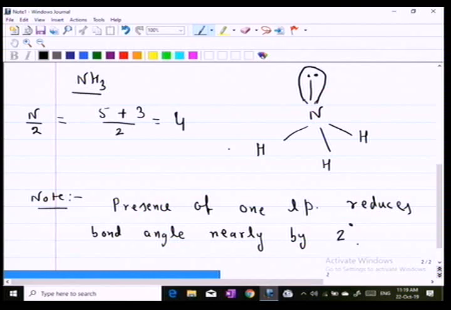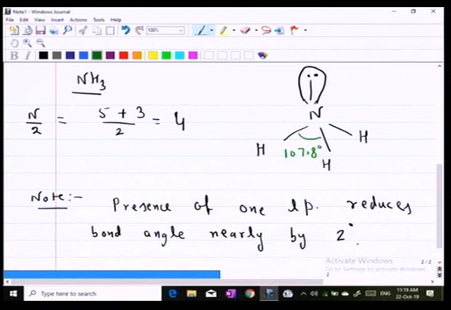Bond angle is reduced, not increased. 107 degree, yes, exactly. And the interesting thing is that the actual bond angle is 107 degree, or we can say 107.8 degrees. This is the actual bond angle.